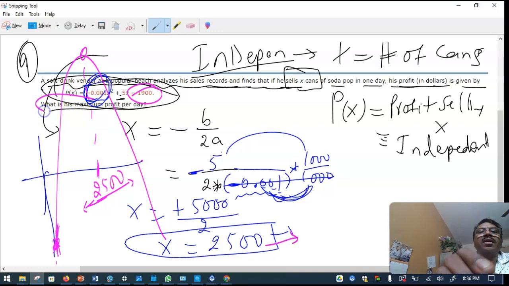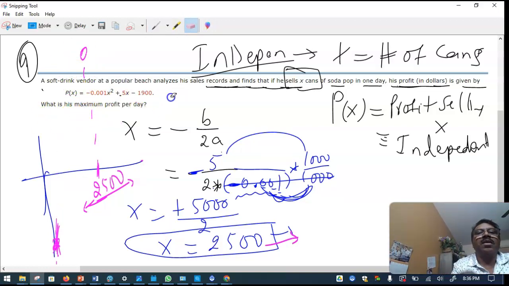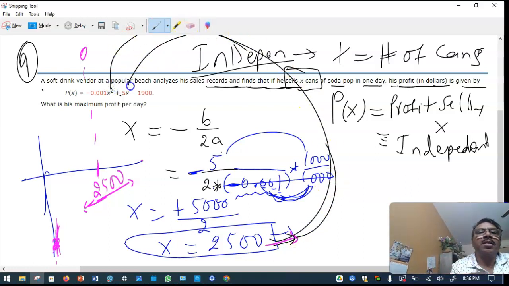But because they're asking what the maximum profit is, once you figure this out, you need to plug it in and use the calculator to get the answer.